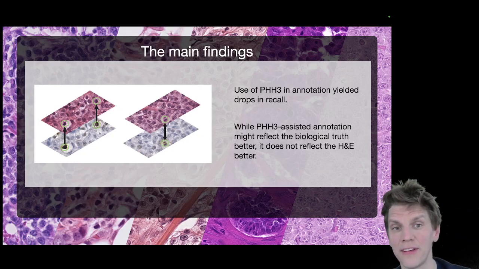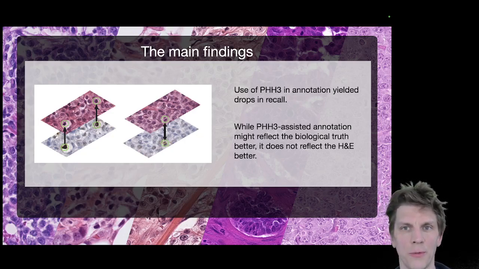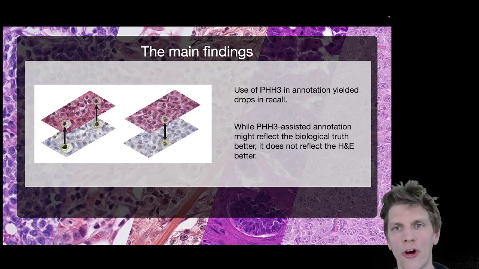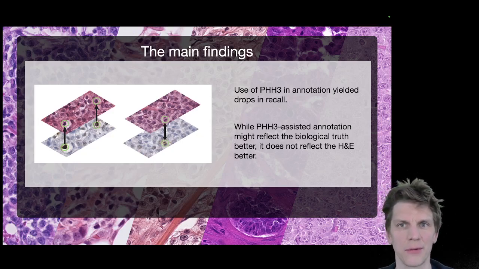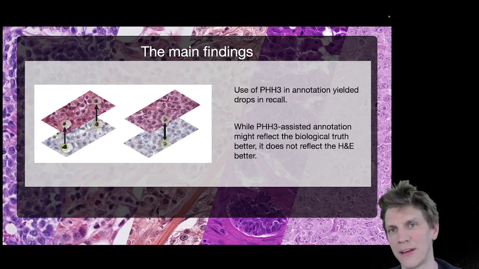And what we found here is that we have quite a drop in recall of all the approaches. That sounds at first pretty logical, because with the help of this specific stain, the pathologist might have just been much better at spotting all of the mitosis.